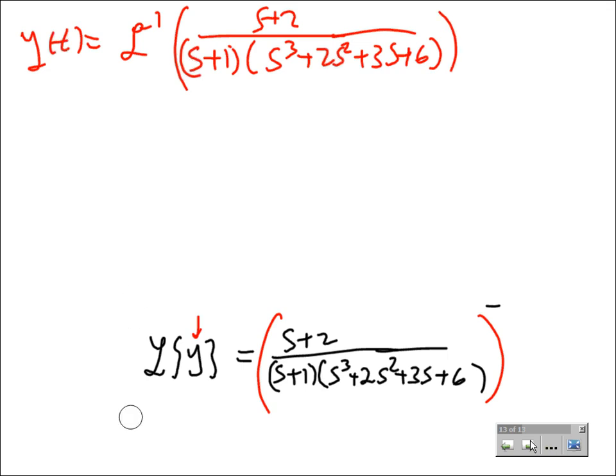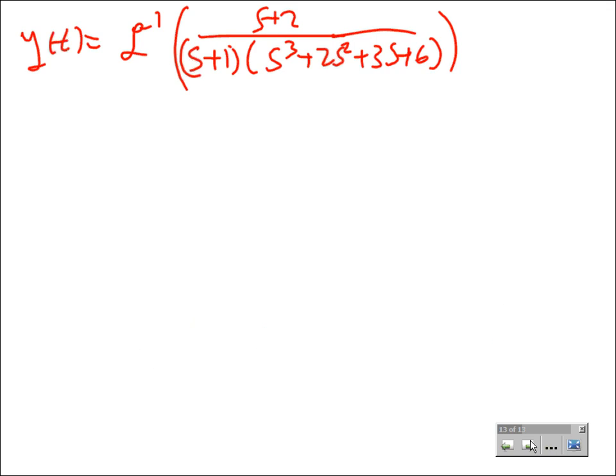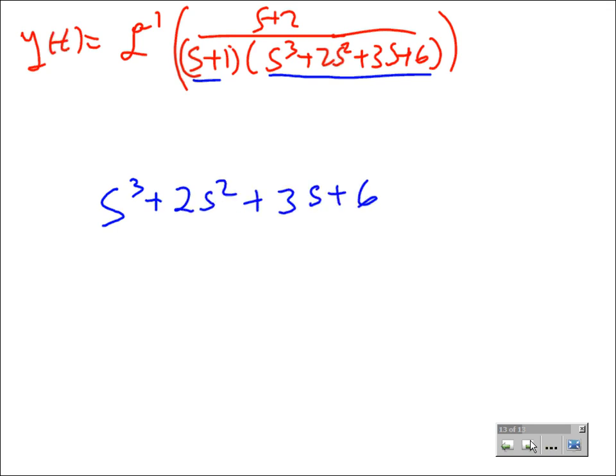So let's try to factor this bottom. s plus 1 is already factored. Let's look at that one. We have s cubed plus 2s squared plus 3s plus 6. I would try to factor this by grouping. Since that's the plus, I don't have to change that bottom.